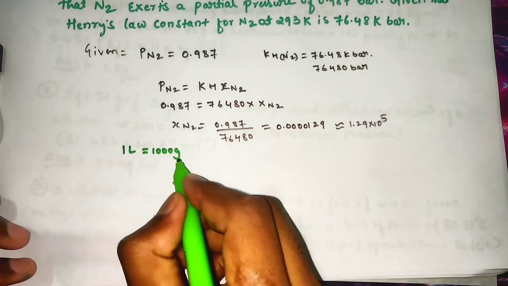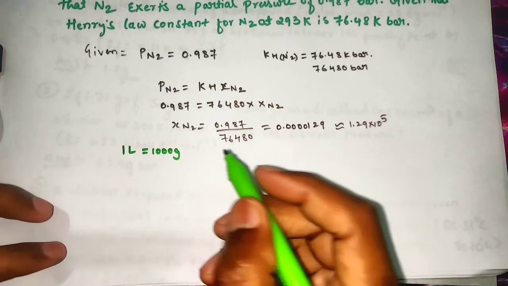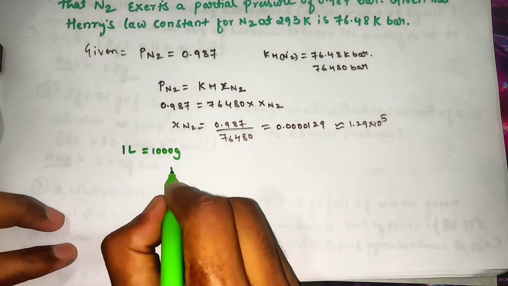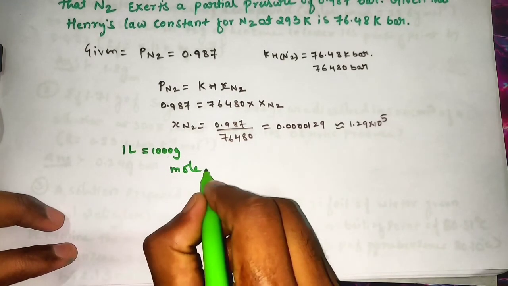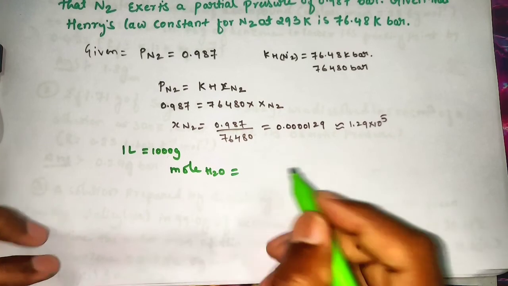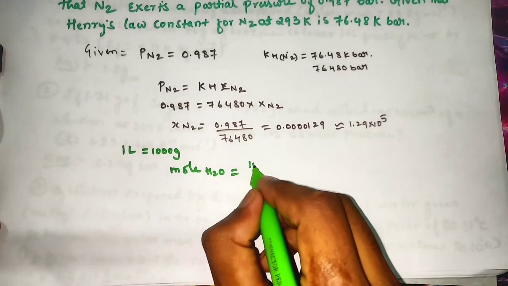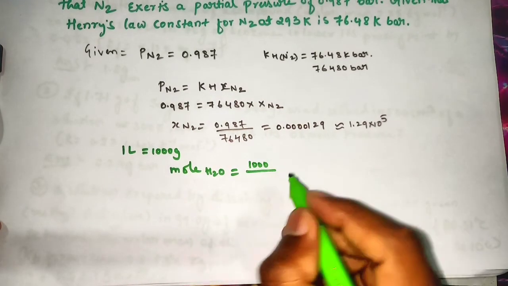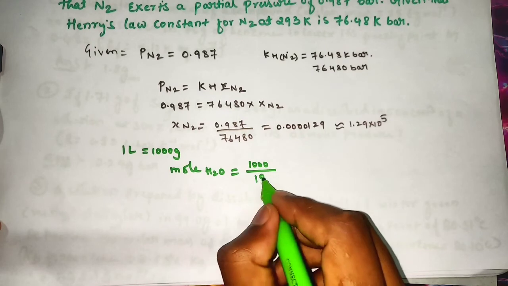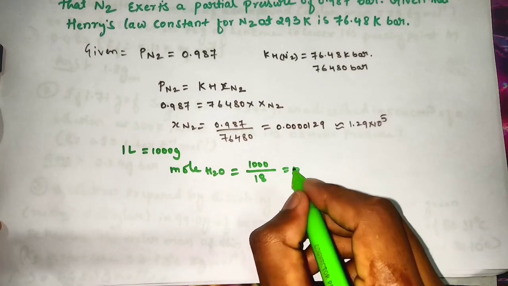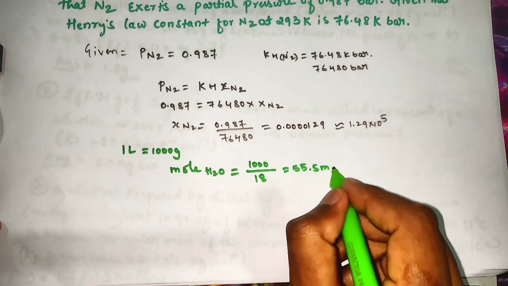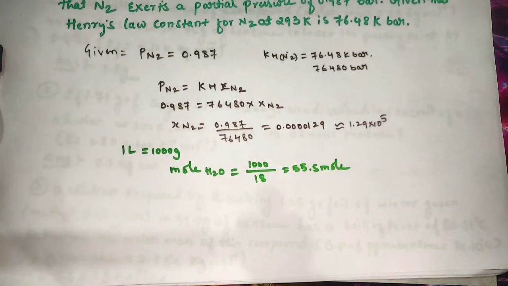Then what is the mole of water? Moles of H2O is given weight, 1000, upon 18, the molecular mass. So we get 55.5 moles. This is the mole of water.